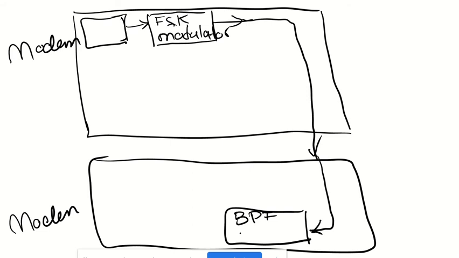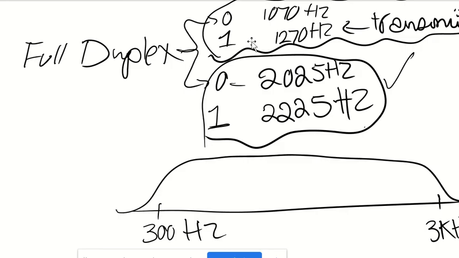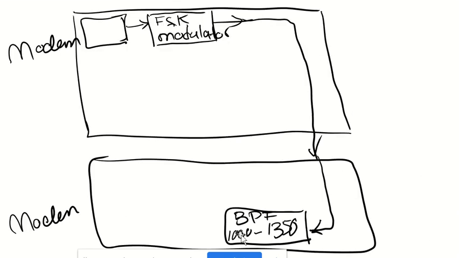So it goes from 1000 to 1350. So why? Because I said that when I transmit a signal, it's 1070 and 1270. So this bandpass will pass these frequencies and filter the rest.